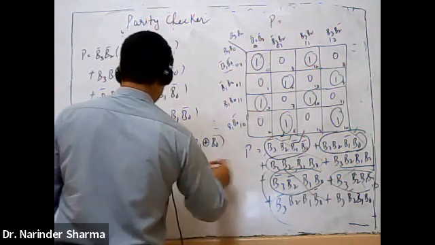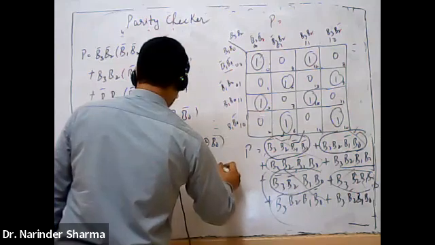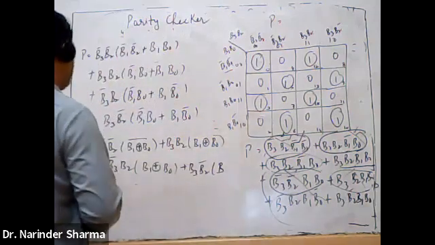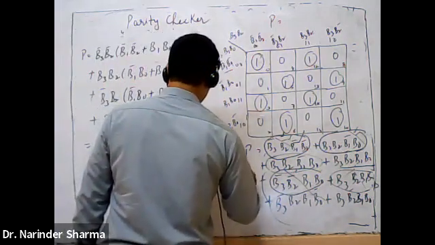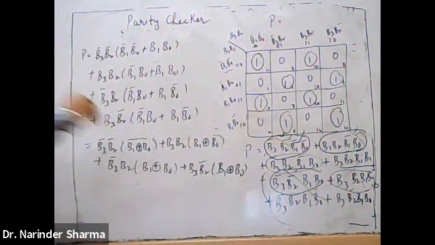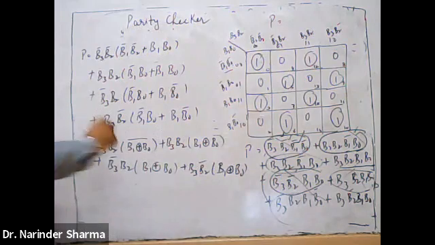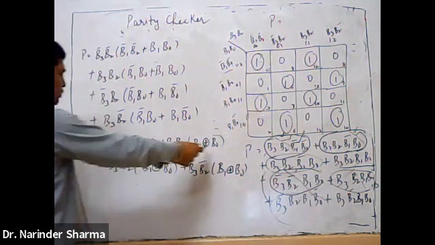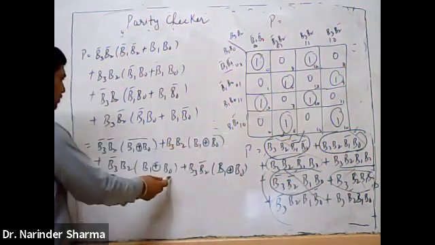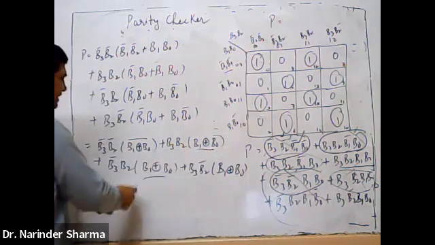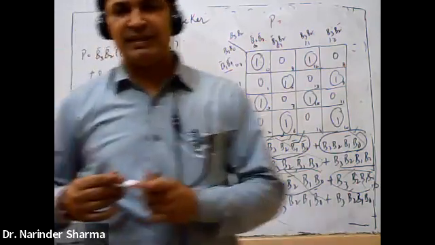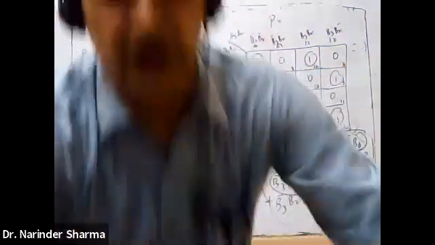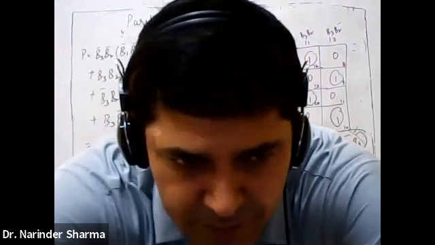That would be B1 XOR B0. So this is the simplification. Further, you can also take, let us say, B1 XOR B0 common, and further this can be expanded. Or even you can also simplify this and draw the circuit for it.